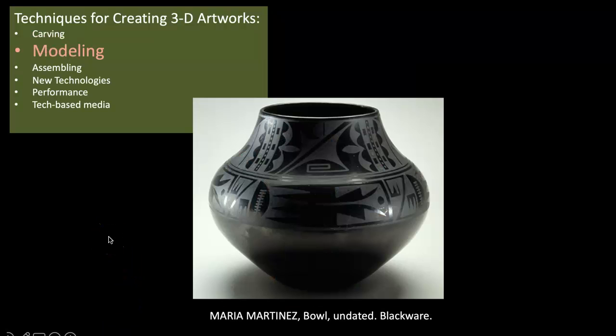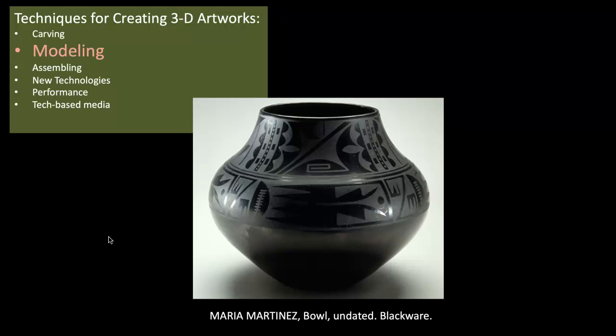Let's move on to modeling. When you have a malleable substance like clay, from which this bowl by artist Maria Martinez was created in the early 20th century, it's an example of black ware. You can manipulate a soft, malleable medium like clay or even wax.